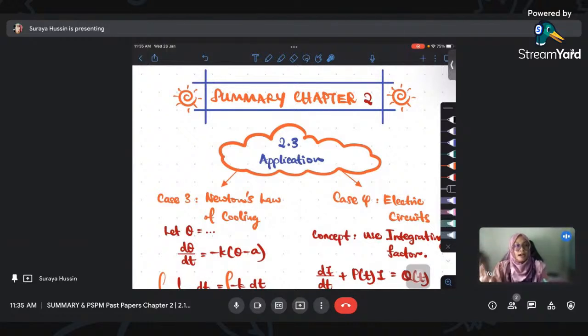Dan mana satukah yang bukan separable? Can I ask you now? Boleh semua orang respon saya. Antara 4 ni, 3 adalah separable. Dan yang mana satukah yang bukan separable? Which one is the non-separable? Case 1 ke, case 2 ke, case 3 ke, case 4? I ask you guys because you have learned this in the video of our ChemL videos.